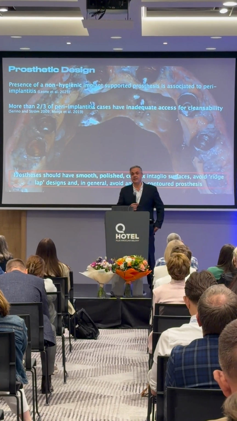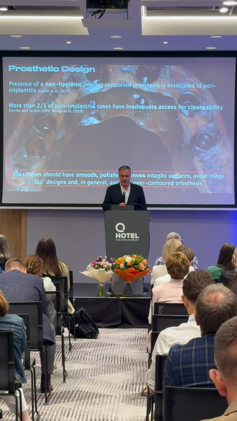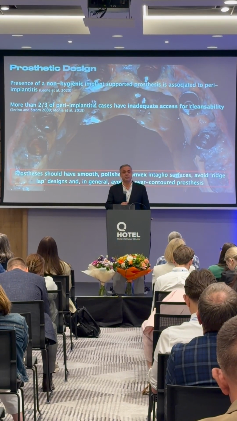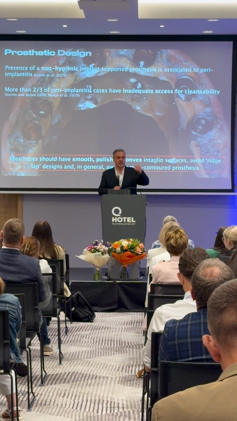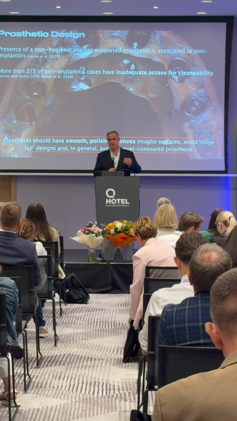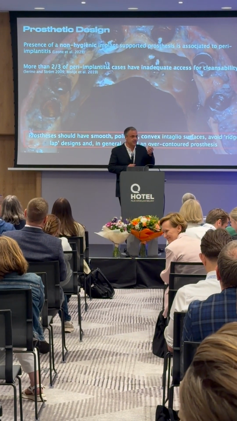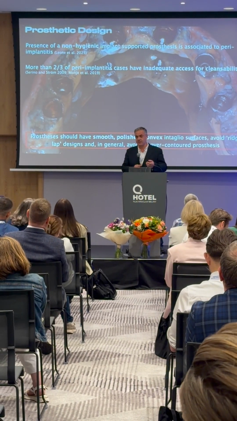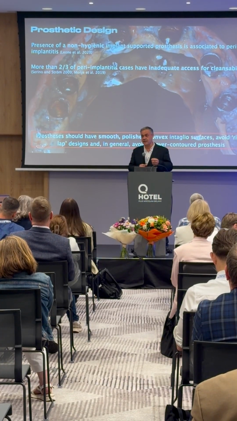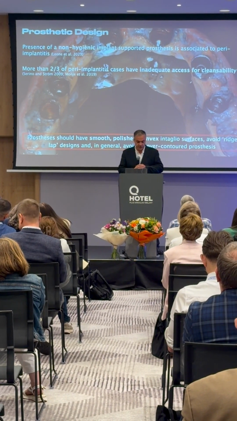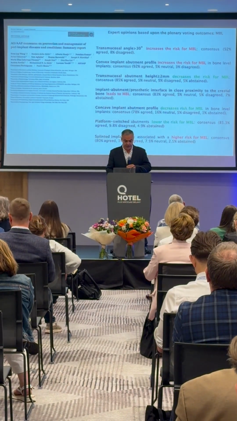Regarding the prosthetic design, it's very important that the prosthesis has a smooth, polished, and convex surface. We should avoid the ridge lap design. We must have space for oral hygiene devices. Okay? And one of the initial steps of non-surgical treatment is precisely to correct this type of situations and create space for the patient to clean.